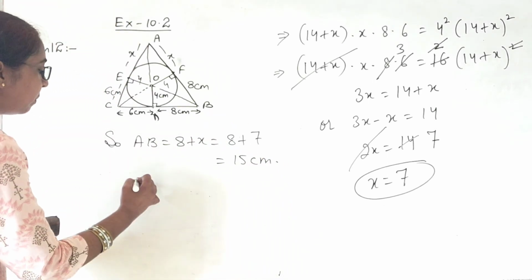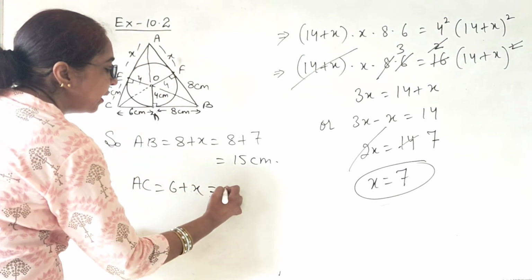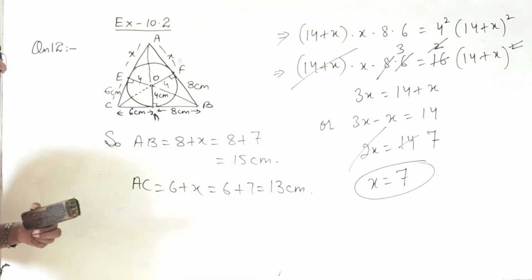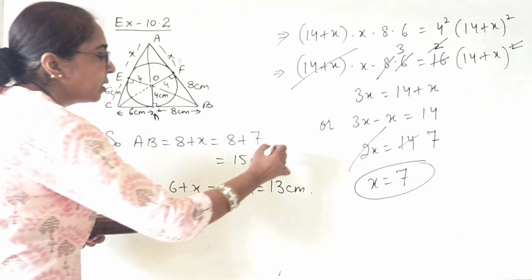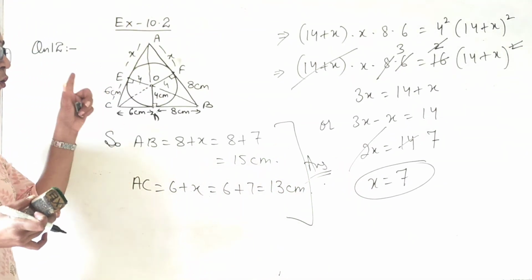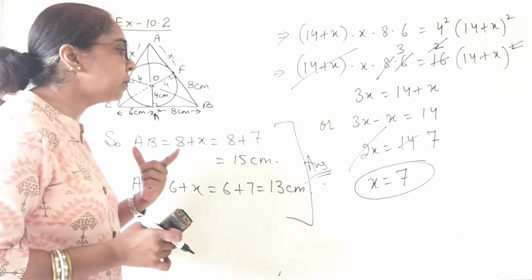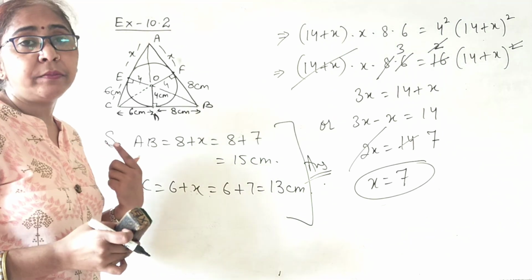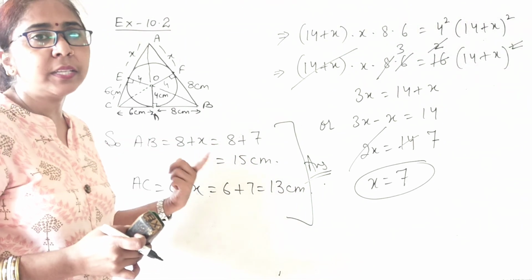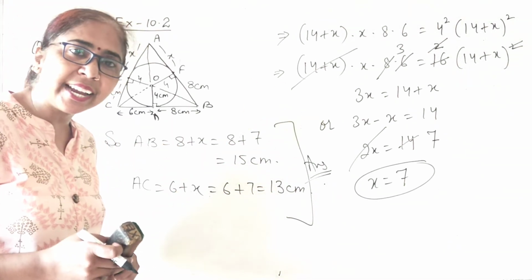And similarly AC is 6 plus x, so it will be 6 plus 7 and it is 13 centimeter. So these are the answers. So this is all about this question number 12. A little bit longer. The calculations are not so easy. Do you understand it? Thank you.